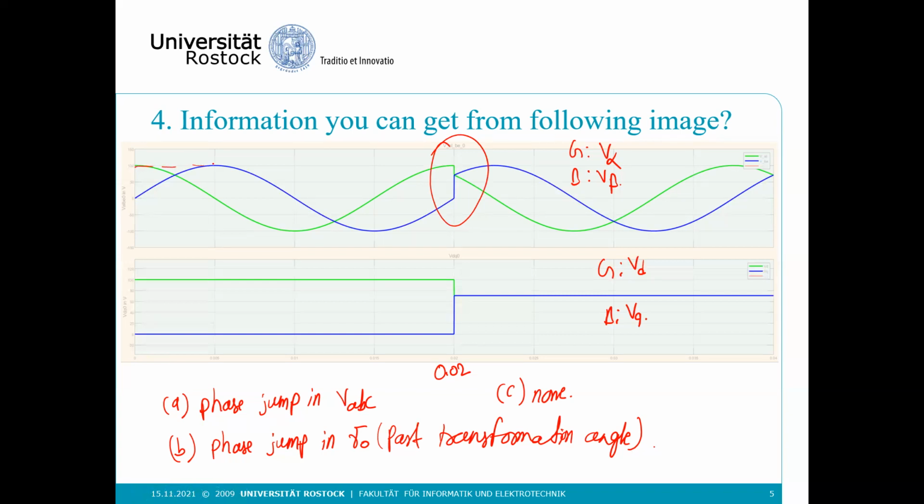So I can draw a line like this. Magnitude remains the same, but here something has happened to the phase. So magnitude remains the same, frequency remains the same, but there is a phase jump.